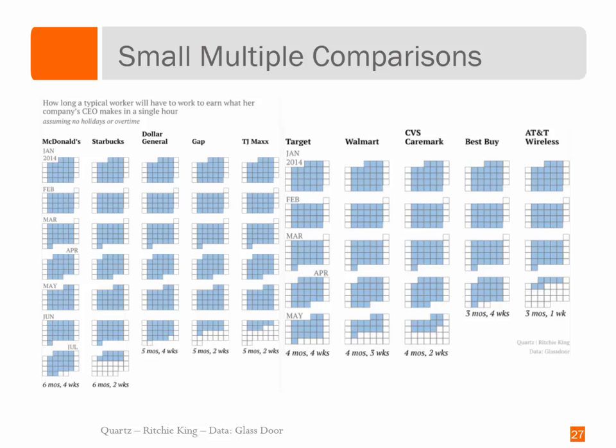So the average worker there, what they earn compared to how much the CEO makes in a single hour. We find here that the average worker at AT&T Wireless earns the same amount as an hour of their CEO's pay in a much shorter time period, so 3 months and a week.